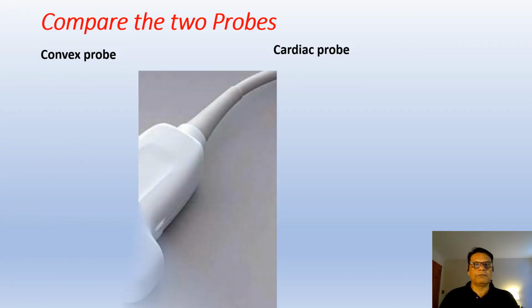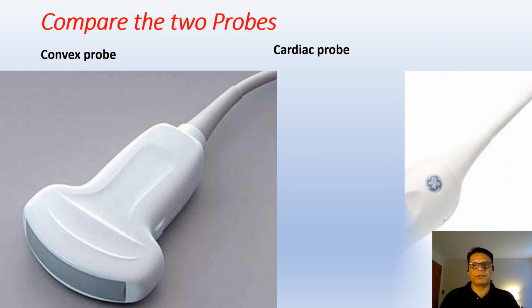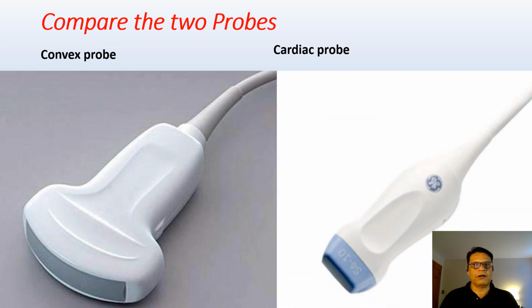So let's do a little bit of comparison between the cardiac probe and convex. This is the visual comparison, not on the basis of the technology. See the footprint: large footprint, short or small or narrow footprint, and the shape of the footprint.